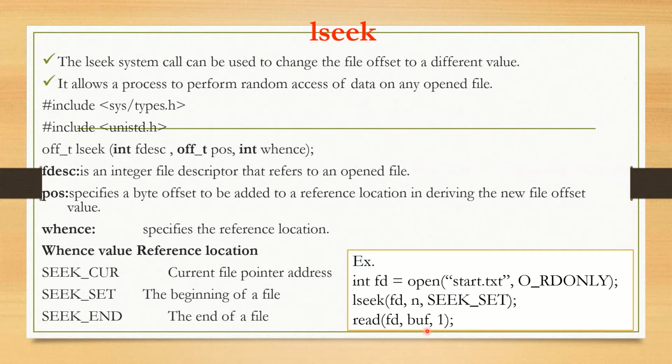The return value of lseek is the new file offset address, where the next write operation will occur. Otherwise, -1 if the call fails.